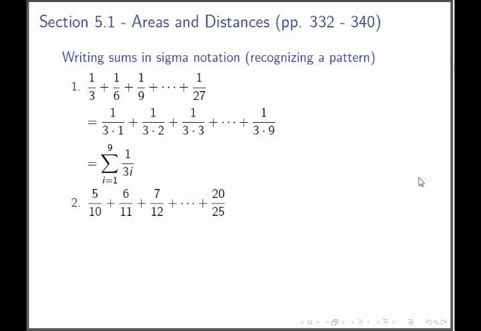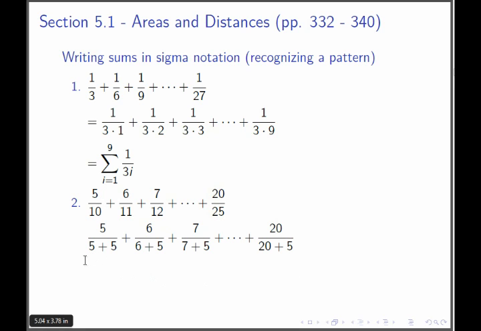Okay, in this next example, let's see what pattern there is. I notice that the denominator in each of these terms is exactly 5 more than the numerator. And so the pattern that I have noticed is written this way. We have 5 over 5 plus 5, 6 over 6 plus 5, 7 over 7 plus 5, and so on.